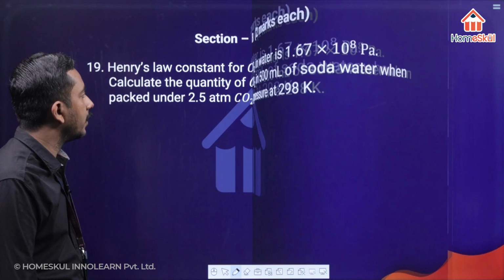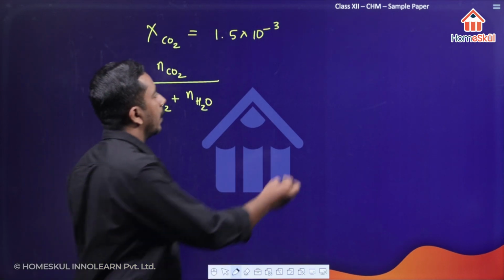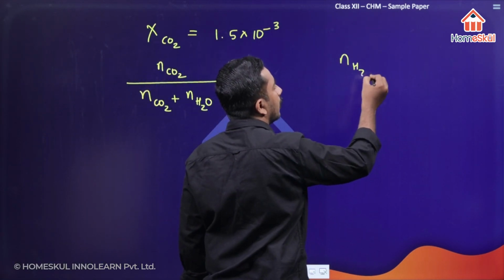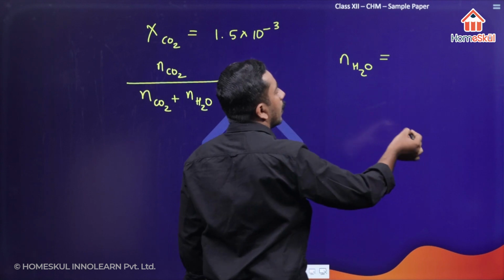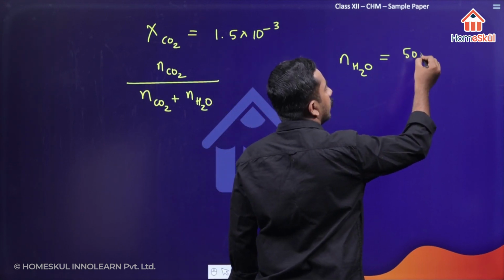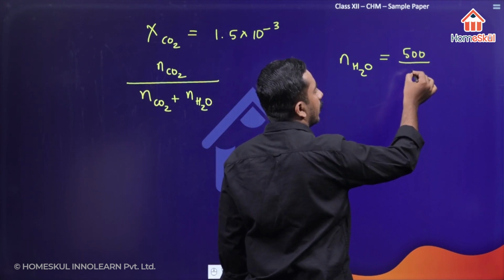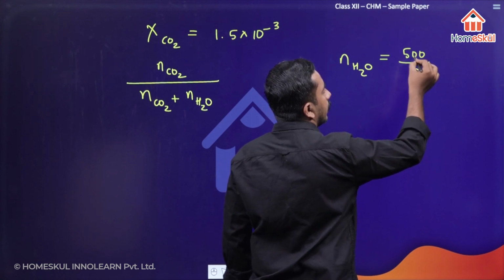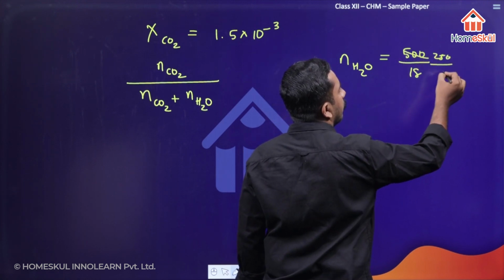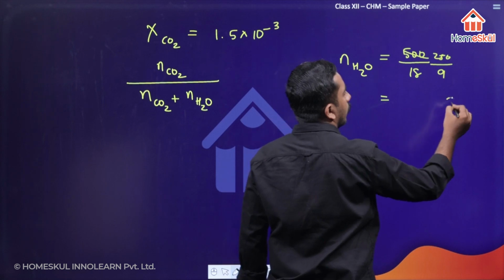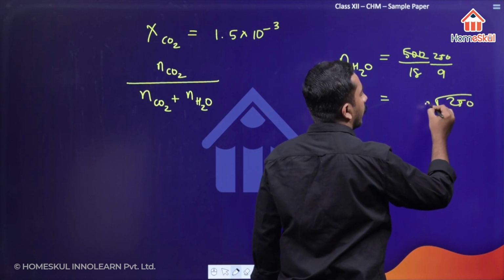So how will you calculate the number of moles of water? The number of moles of water will be equal to mass in gram, that is 500, divided by the molecular mass, that is 18. So that is going to be 250 divided by 9. What will be the value of 250 divided by 9?